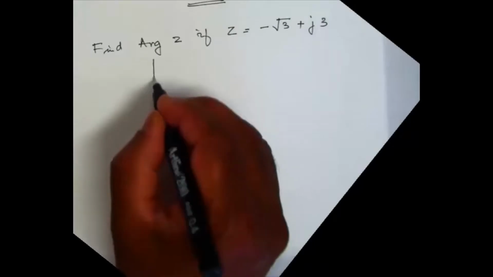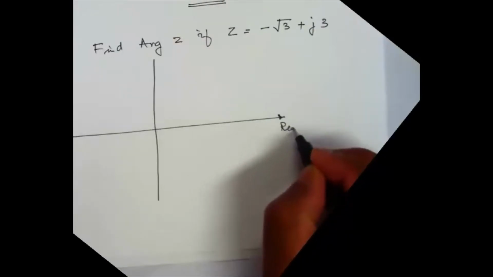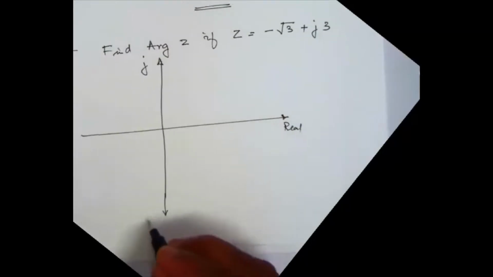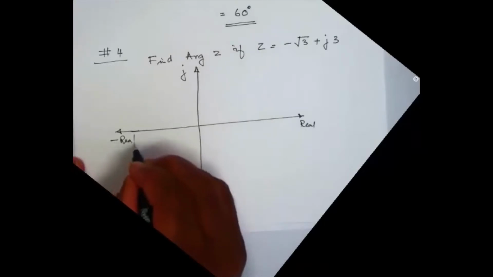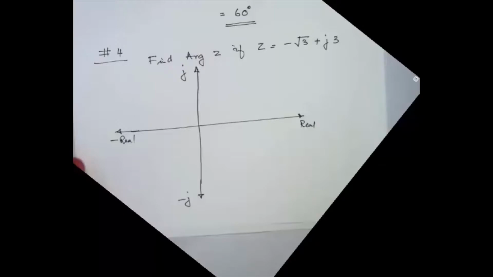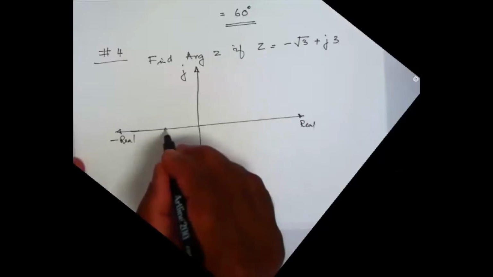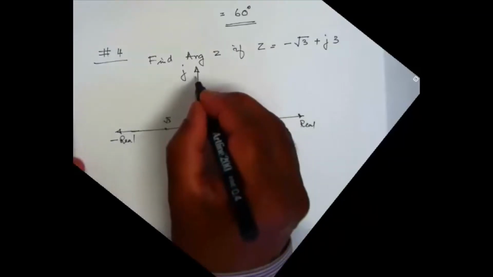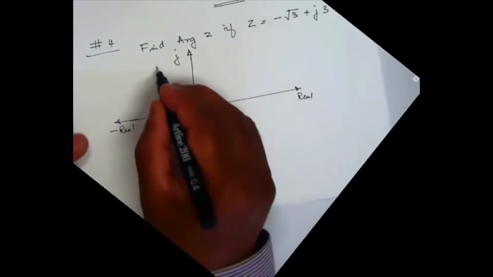So if I draw the Argand diagram again, that's the real axis and that's the imaginary j-axis, that's the negative j-axis, that's the negative real axis. So now you will see the real part is negative, so we'll take square root 3 there, and still the imaginary part is positive, like in the earlier one, so we will take it somewhere there.